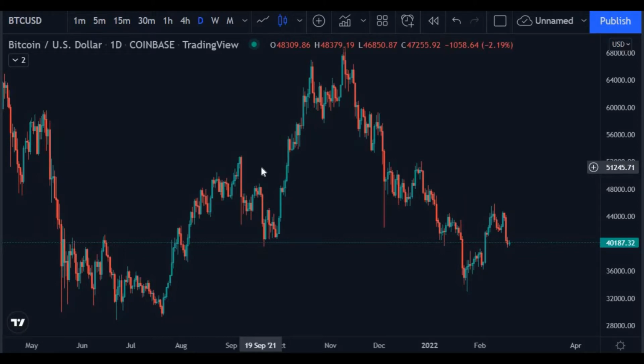We know that as retail traders, we trade very small portfolios. You can't compare the effect that a $1,000 trading account is going to make to the market and the effect that a 1 million or $1 billion trading account has in the market.